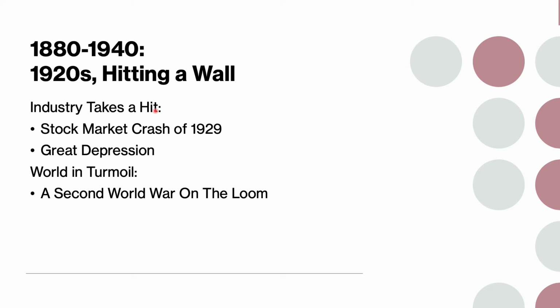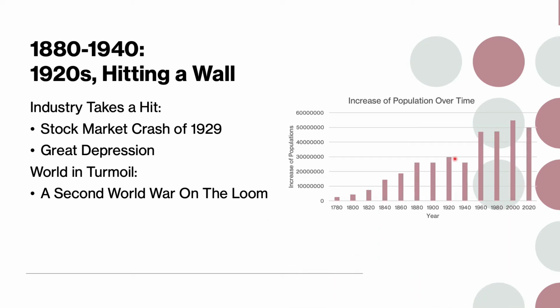According to America's Best History No Date, once we hit the 1920s, we see the stock market crash, causing economic terror, the Great Depression, causing worldwide economic terror, and the world in terror. America's Best History No Date reports a second world war looms in the background. No wonder we see a dip in the population from 1920 to 1940.